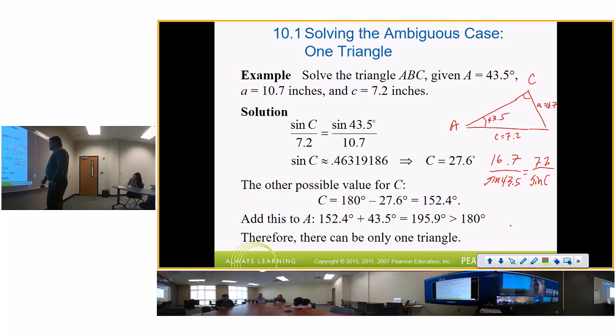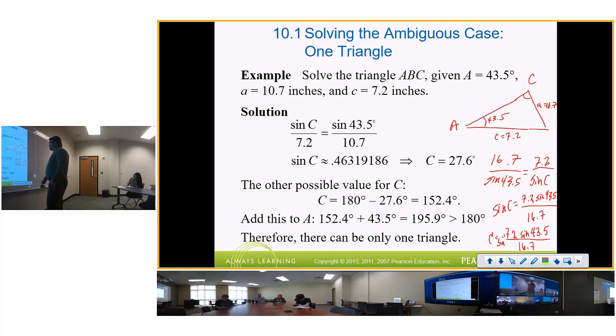So sine of C is equal to 7.2 times the sine of 43.5 divided by 16.7. And you're going to take the inverse sine of that. And somebody tell me either you're going to get an error or you're going to get the answer.